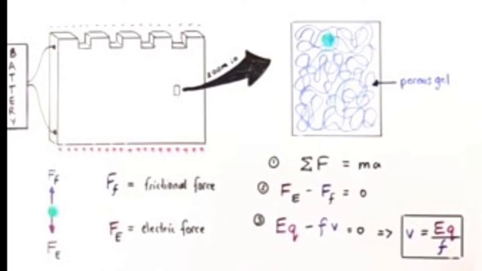Okay, so how about now the frictional force? How can we find the frictional force? We should all have in mind that the frictional force is a drag force. Now from your physics, we can always find the drag force when we get the coefficient of friction, represented by the small f, and then multiply by what?